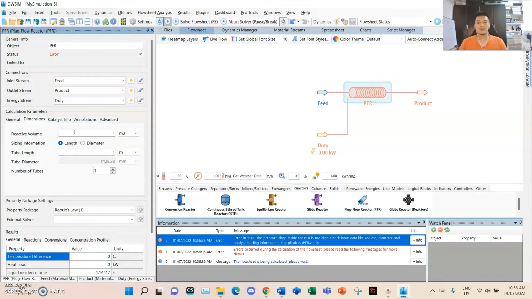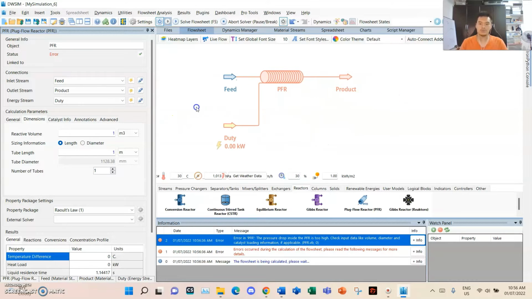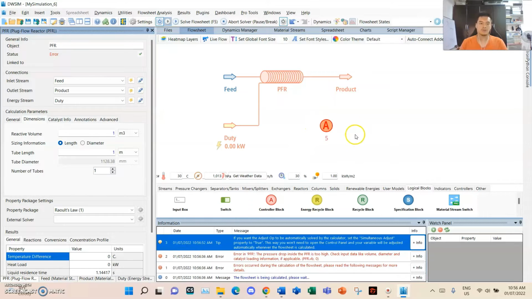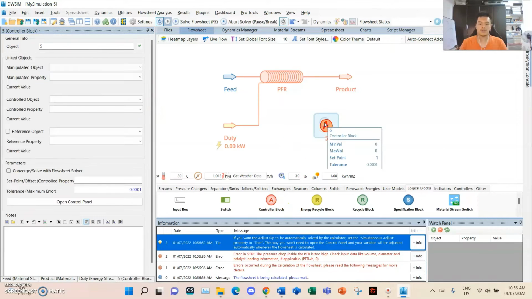Doing a trial and error will be very tedious if you just keep inputting and repeating values over and over again. That's why it's a good thing that DWSim has its own logical block that will do the trial and error for us. So we'll go here to logical blocks, click controller block, and we'll input here volume adjustment.